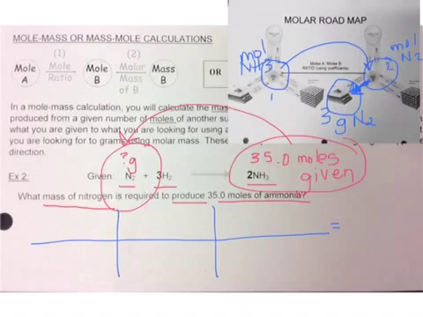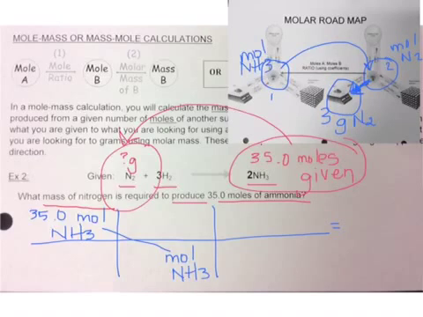We've got our 35.0 moles of ammonia. We diagonal down and put moles of ammonia again. Now at this point, I would check my map and say, where am I going? I'm going from moles of ammonia, which is right here, and I'm going to jump over here to moles of nitrogen.